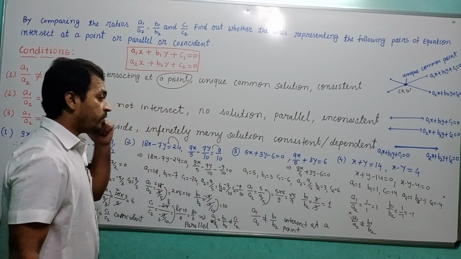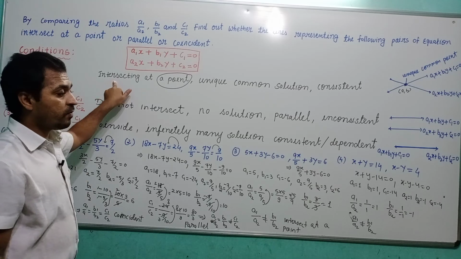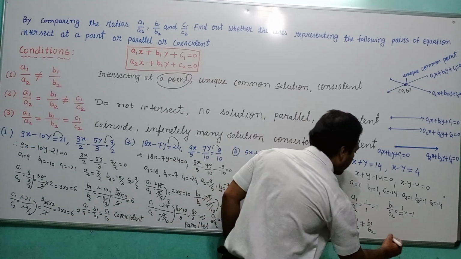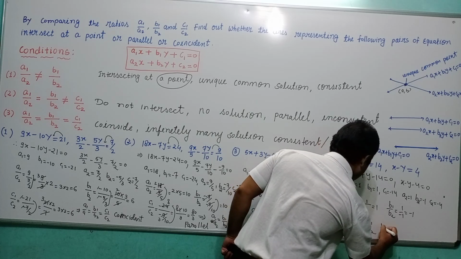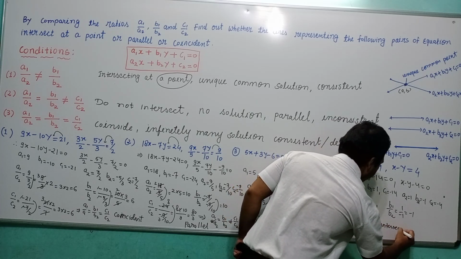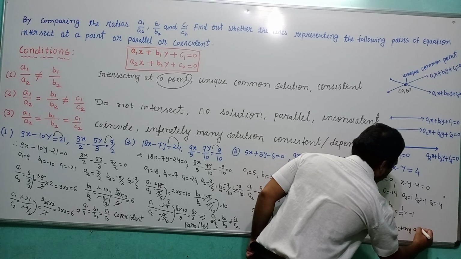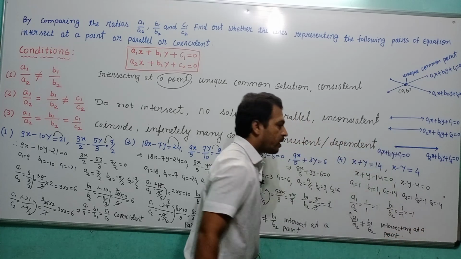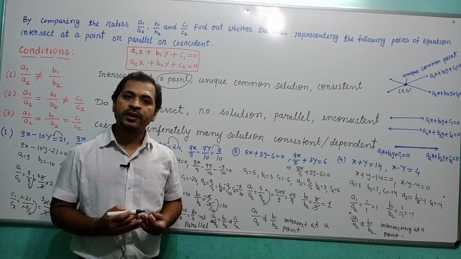So students, what we can say is that this pair of linear equations is intersecting at a point, it means consistent. So we can write intersecting at a point.